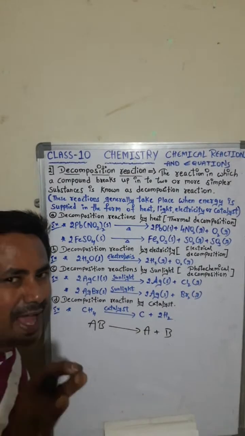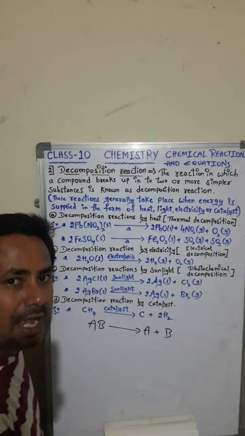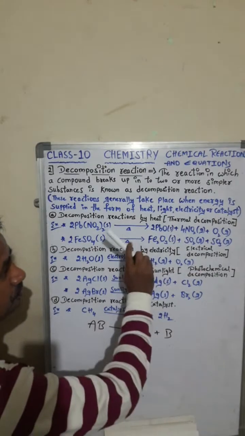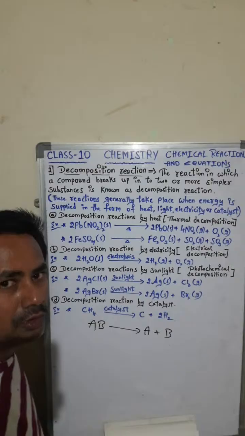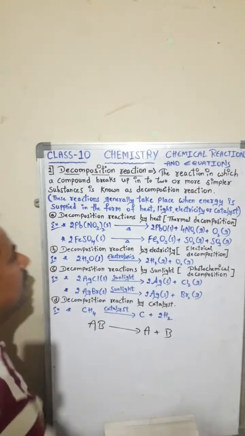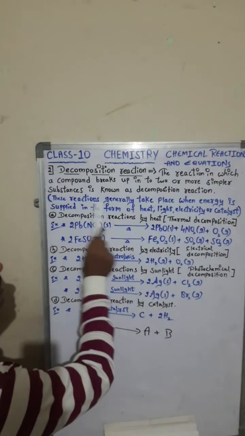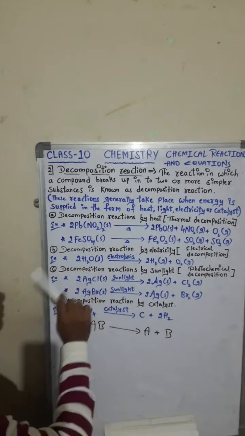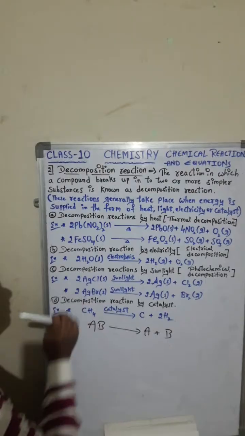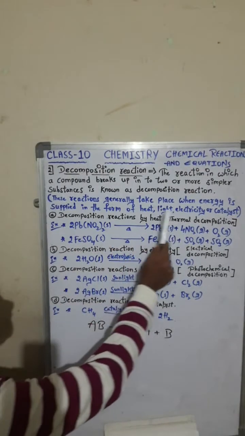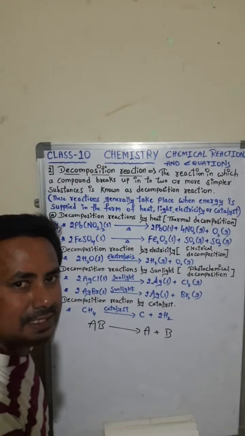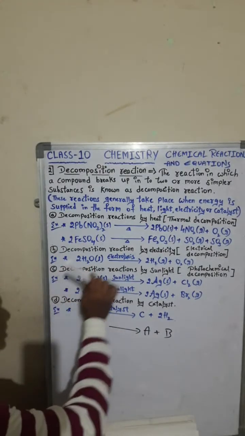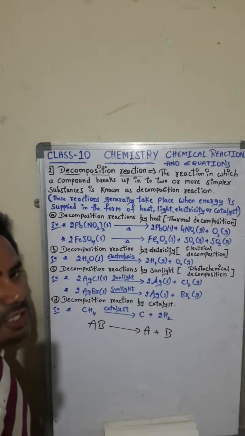So when we supply energy, either in the form of heat, light, electricity or catalyst, they will break down to form simpler substances. In decomposition reactions, there are some types.